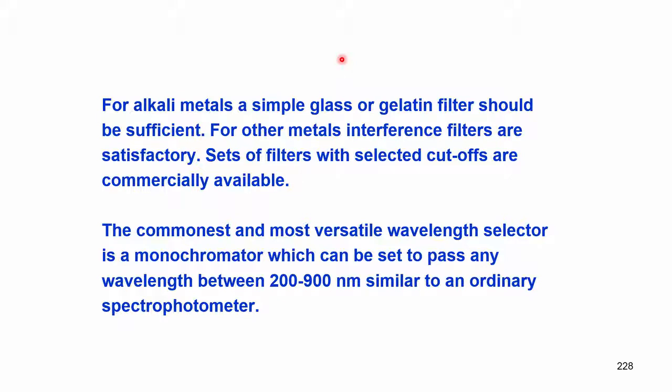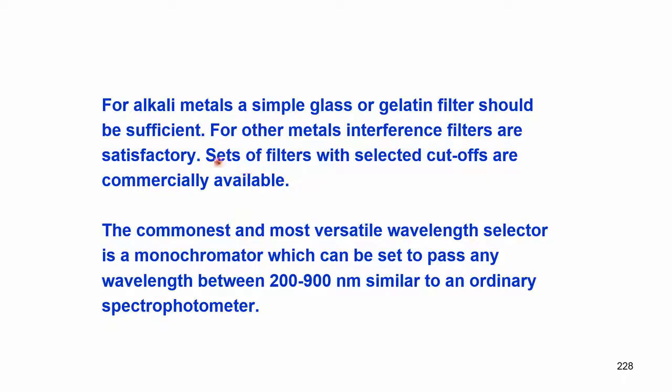Even the atomic absorption resonance lines are in the visible range, but other elements like chromium, vanadium, tungsten, iron, cobalt, nickel and many others have UV lines only. So, for alkali metals it is the visible range.